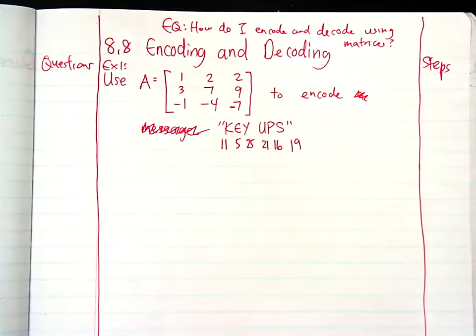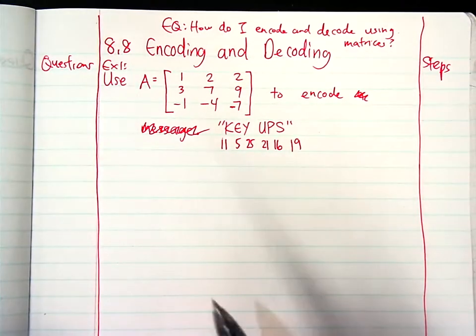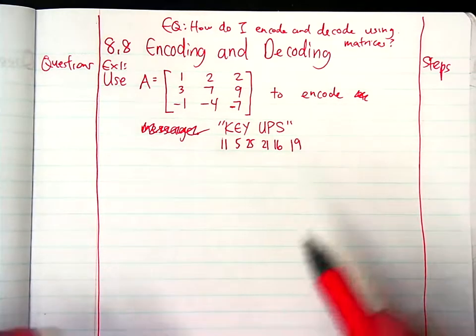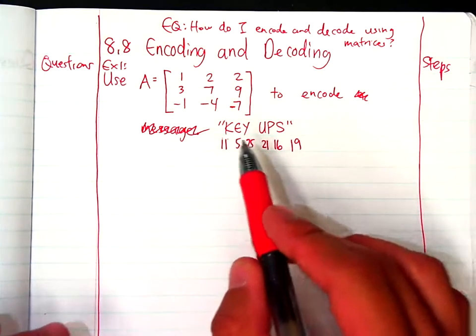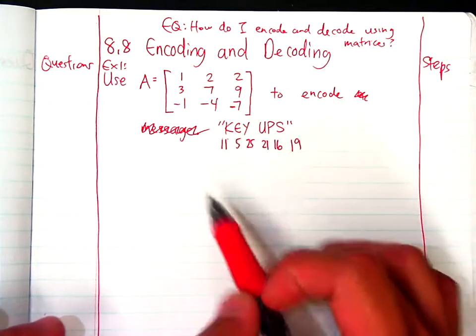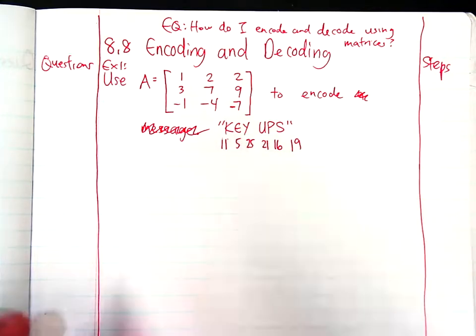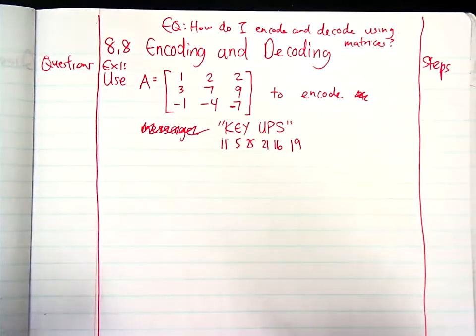Right now, these are my uncoded numbers, because I can just take the numbers or letters and replace them and find my message, which is key ups. Well, now I'm going to encode it. So here's how I'm going to encode it.